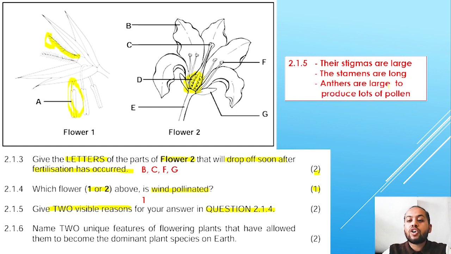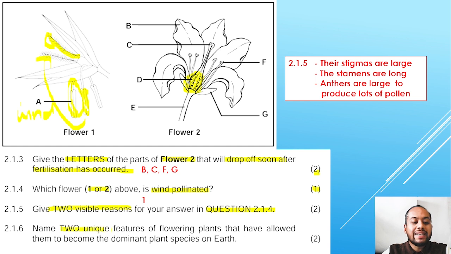And the anthers are very large so that they can produce large amounts of pollen, because large amounts of pollen are required to undergo pollination, specifically when the type of pollination is wind pollination.